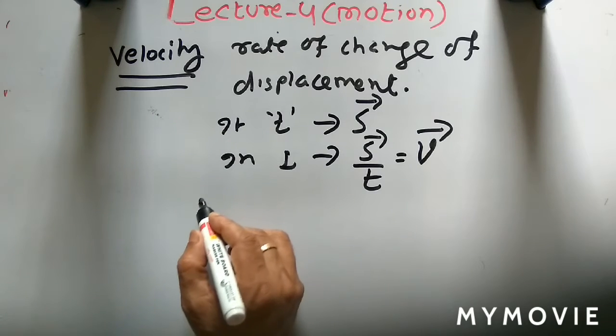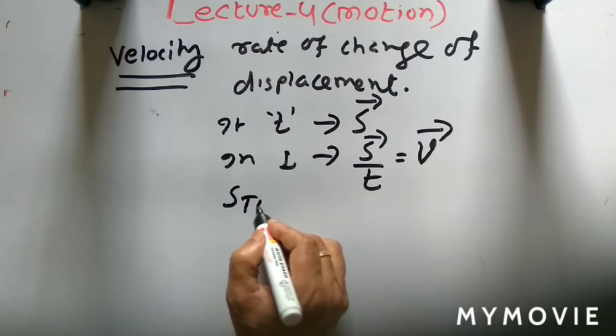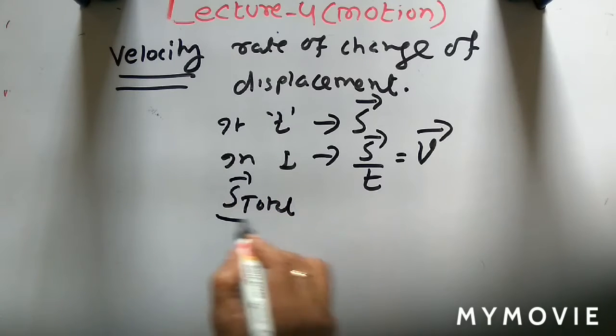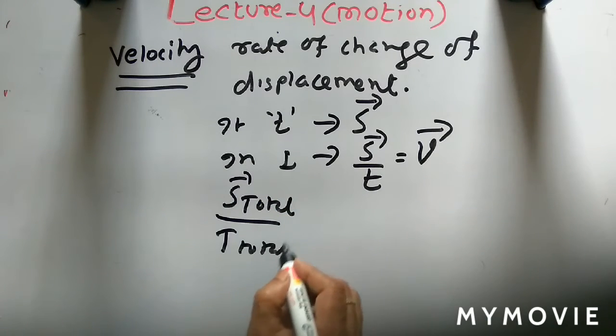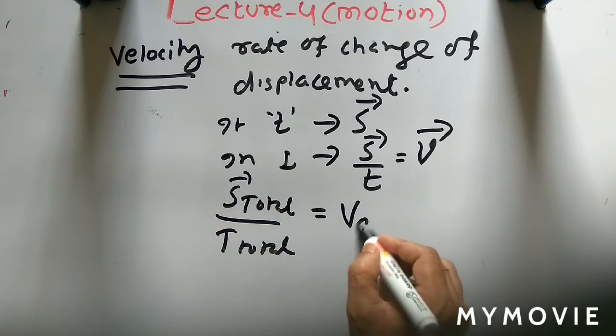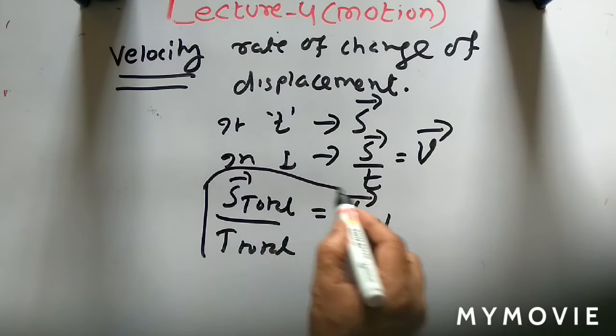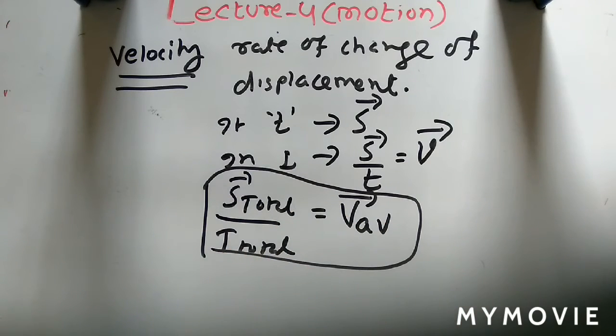Okay. So now you see, if a body moves a total displacement of s total within what time? Total time t total. Then the ratio of this total displacement by total time is called average velocity. Now what is instantaneous velocity?